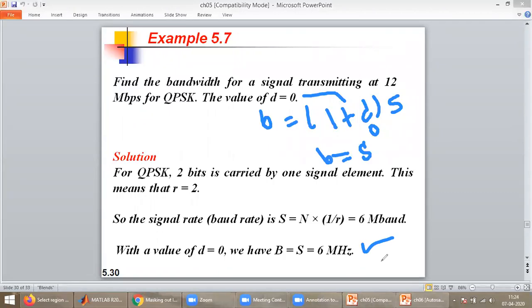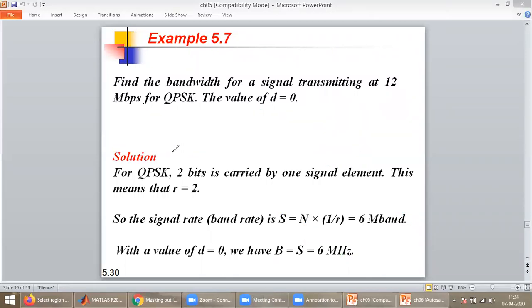Be careful while considering the units. Signal means bauds, N means bits, bandwidth means hertz. So this is about the problem.